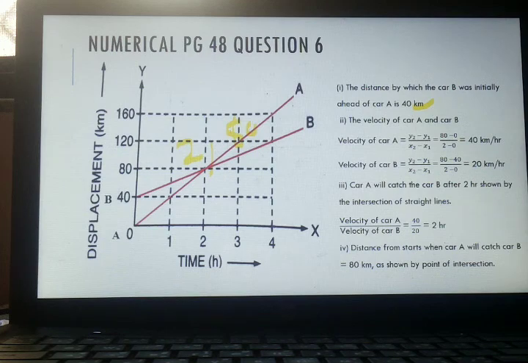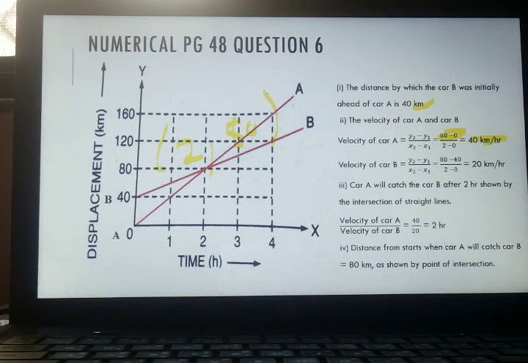So 80 minus 0 upon 2 minus 0, that is 80 upon 2, we get 40 km per hour.